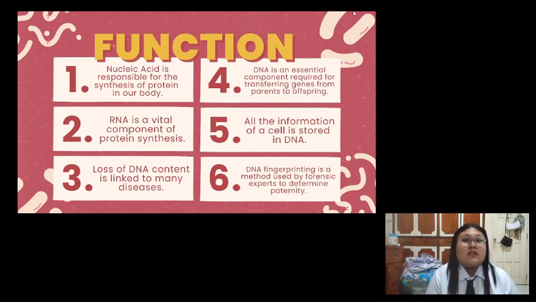Number 3. Loss of DNA is linked to many diseases. Number 4. DNA is an essential component for the transferring of genes from parents to offspring. Number 5. All of the information of the cell is stored in the DNA. And number 6. DNA fingerprinting is a method used by forensic experts to determine paternity. It is also used for the identification of criminals.